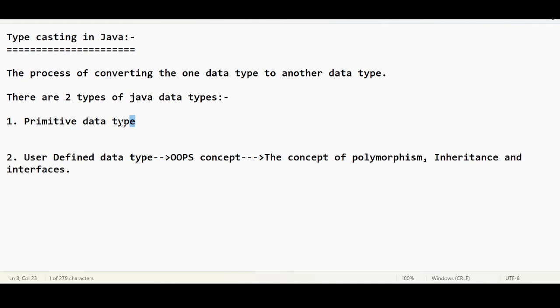Today we will understand only the primitive types, because this will not make any sense if I start now, as these are the prerequisites. First we need to understand polymorphism, inheritance, and interfaces. Then we will be able to understand the user-defined data types, the typecasting and the conversion. So this will be postponed. We will discuss it in the future.